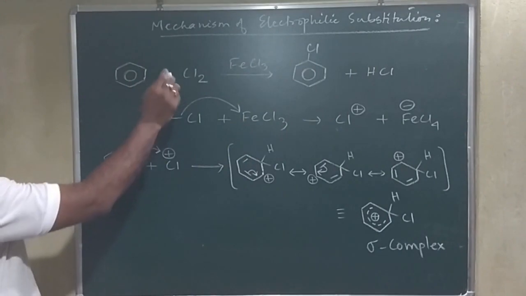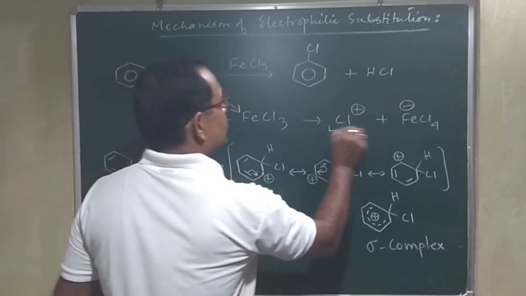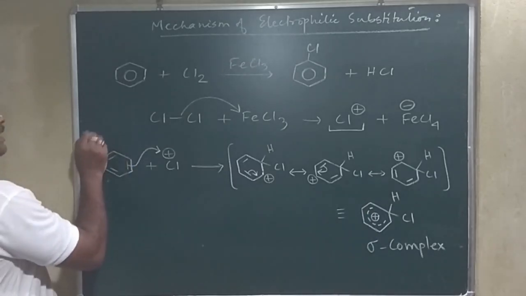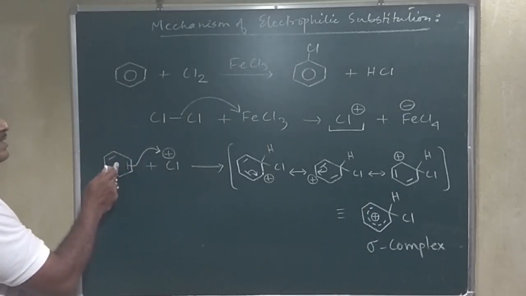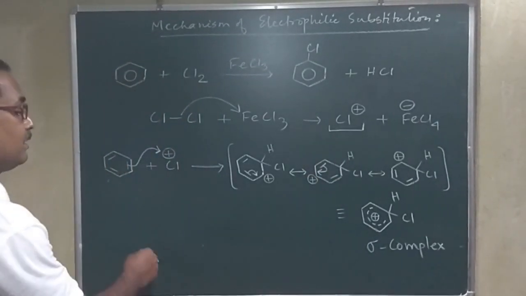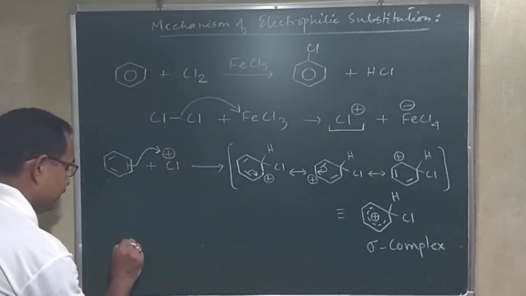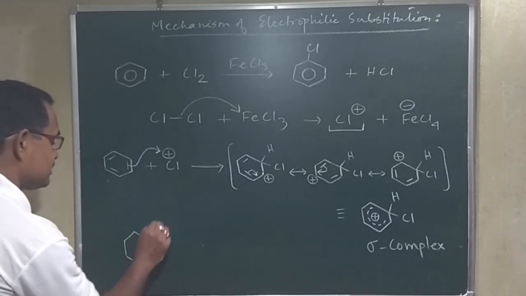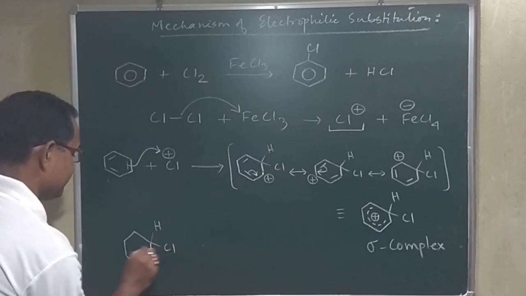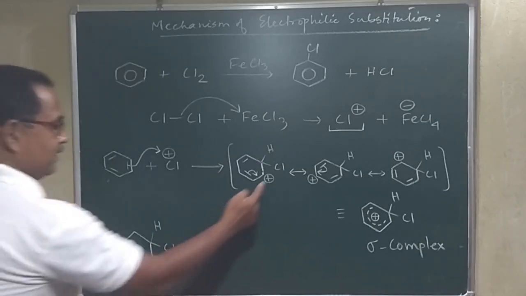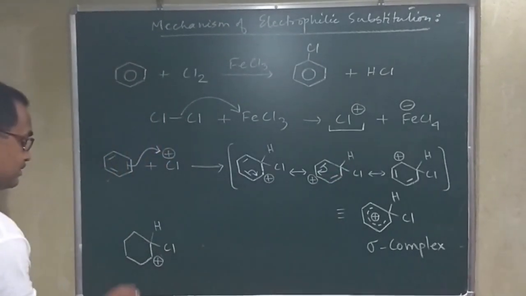So what happens here? Initially there is generation of chloronium ion. This is the attacking electrophile. Then in the next step, chloronium ion attacks benzene, thereby producing a sigma complex. In the final step, what will happen? There will be loss of a proton by the sigma complex. We may consider any one of these 3 structures.